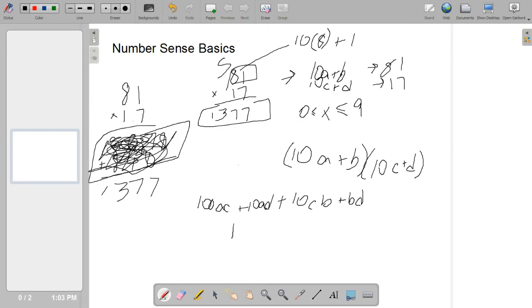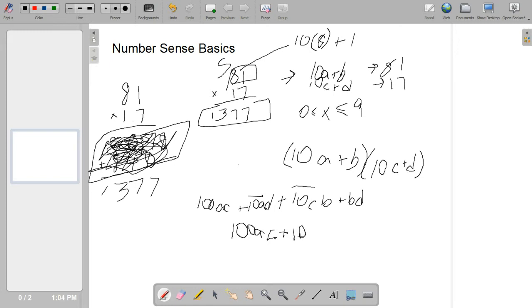Okay, so right now, let's rewrite this. 100ac. What the heck? It's not working anymore. 100ac. Okay, it's working again. Plus, this and this, they both have a common factor of 10.